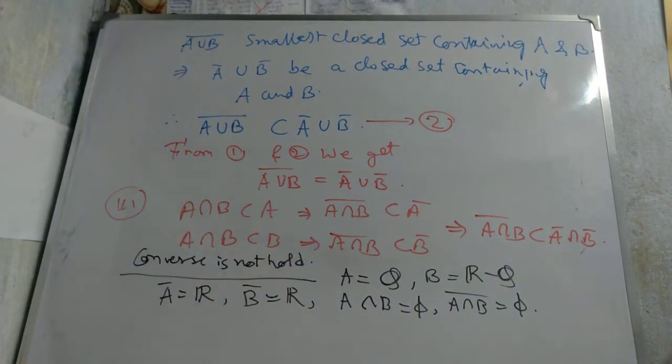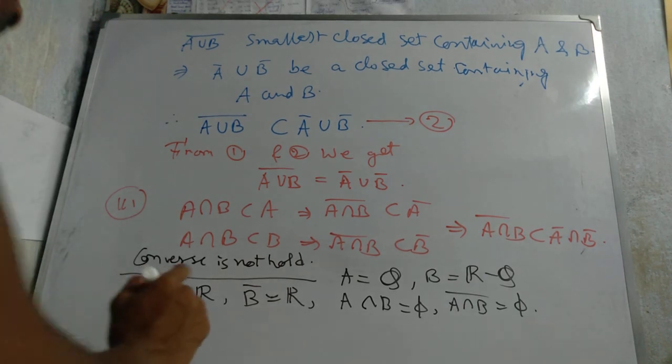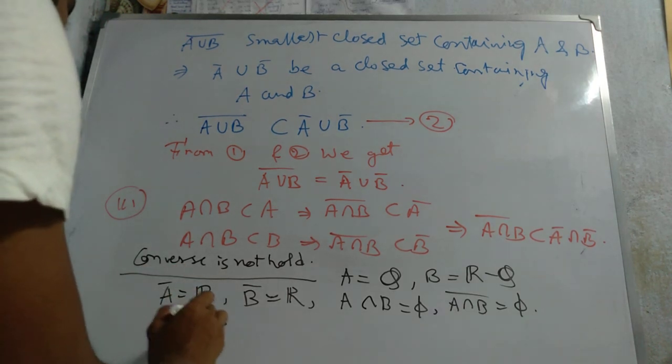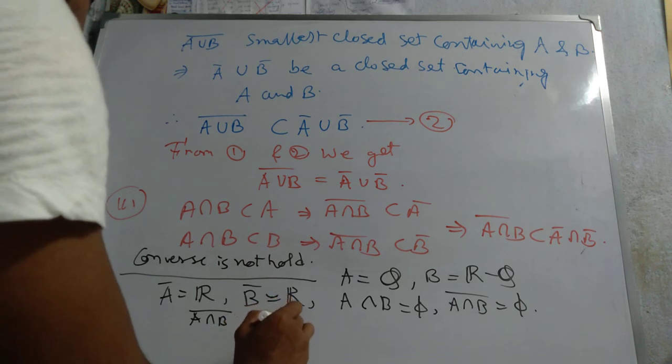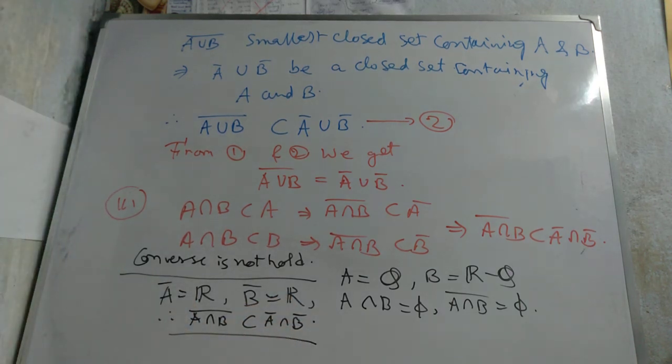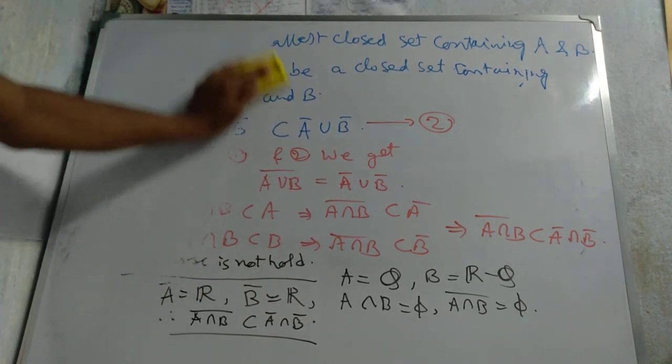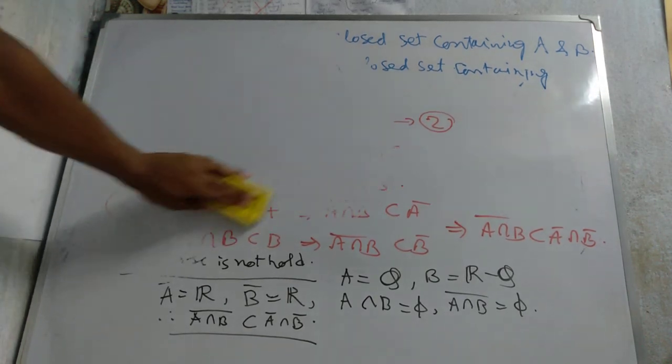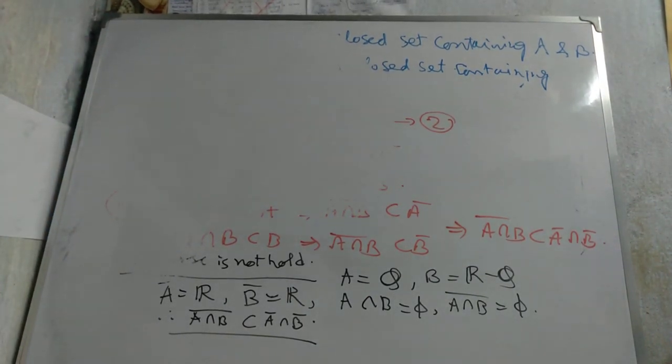Then obviously the closure of A intersection B is a subset of the closure of A intersection the closure of B, but the converse does not hold. So we do this problem easily. Now erase this whole problem, and today we stop here.